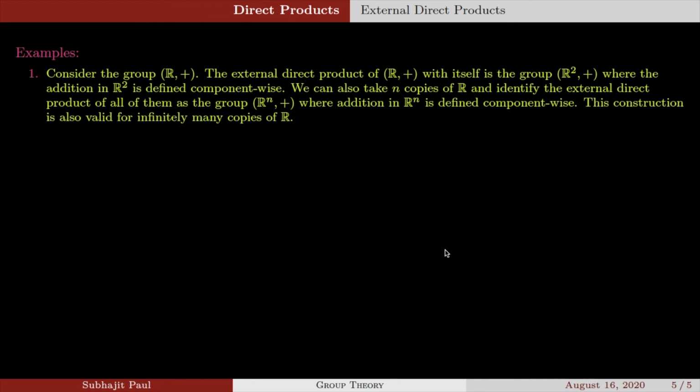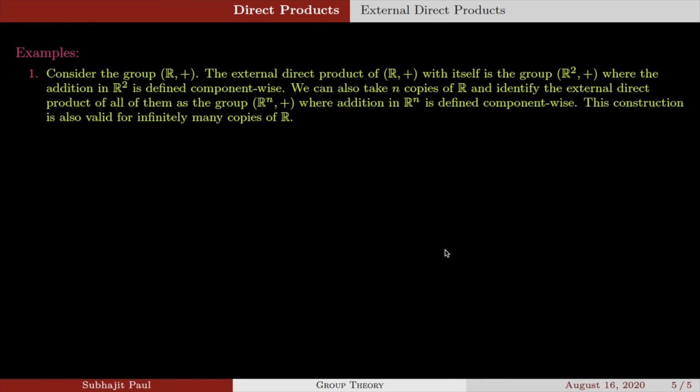The construction is also valid for infinitely many copies of R. Anything of this kind, say Z2 cross Z2, the Klein 4 group, is an example of an external direct product.